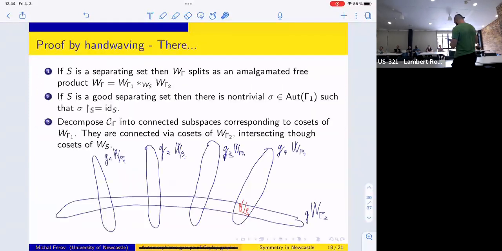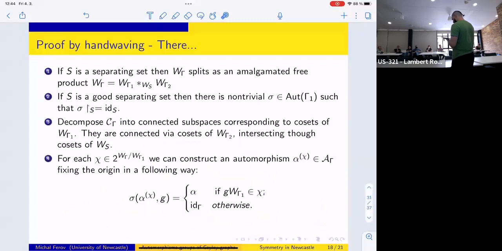So for any subset in the coset space, I can construct an automorphism that does that. So I have this many ways to do that. So that I know that the stabilizer of the origin is at least this big. And this is perhaps not obvious, but this will be always infinite.